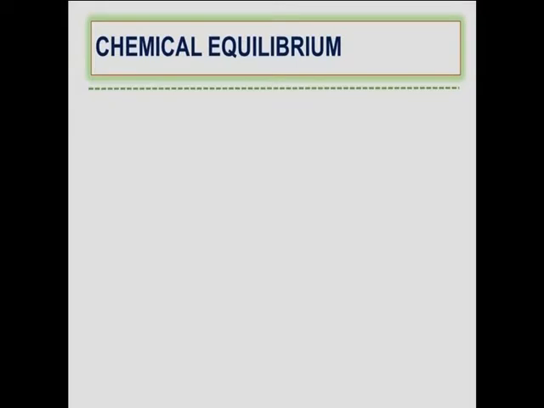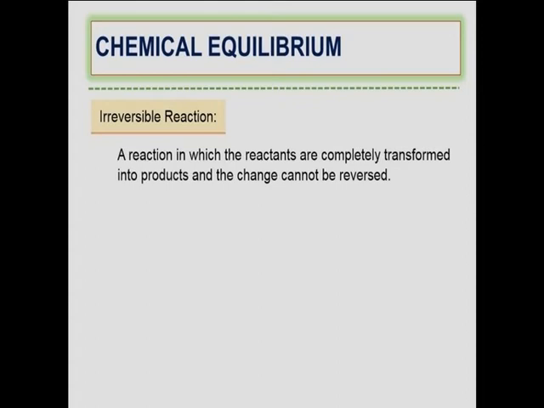So now, let's be specific. What is chemical equilibrium? To understand the term chemical equilibrium, first you should understand two types of reactions, irreversible reaction and reversible reaction. So let's see what is an irreversible reaction. An irreversible reaction is a reaction in which reactants are completely transformed into products and the products cannot be reversed.